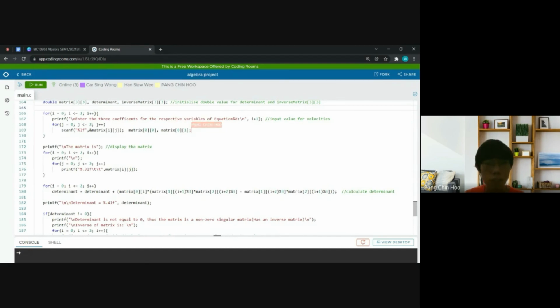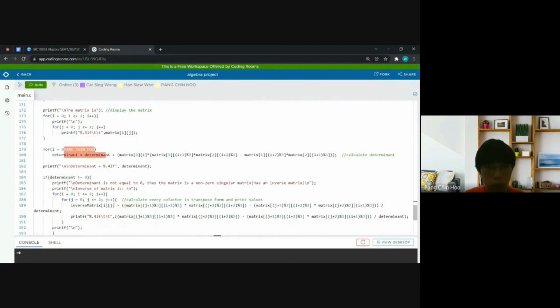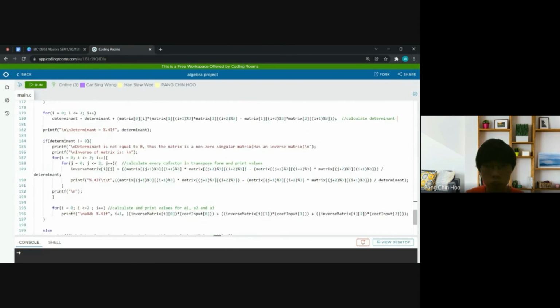After we input the values, the matrix will be shown, and the determinant will also be calculated in this program. After the determinant is calculated, it will show the values. If the determinant is not equal to 0, it will show that the determinant is not equal to 0, and show that it is a non-singular matrix, which has an inverse matrix.